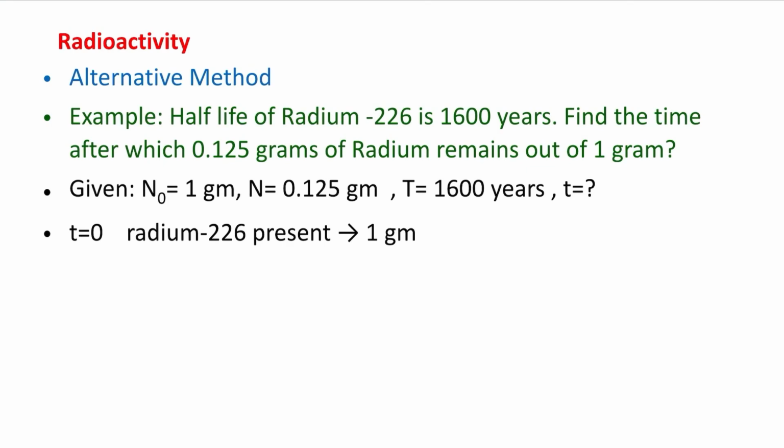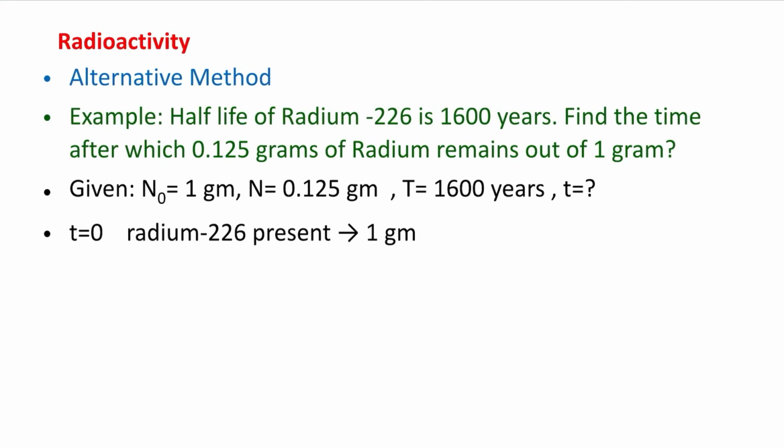Now here we are using a different approach. At initial time, radium-226 present was 1 gram. According to the definition of half-life period, after completion of one half-life period, whatever was the initial amount of substance, it gets reduced by half.